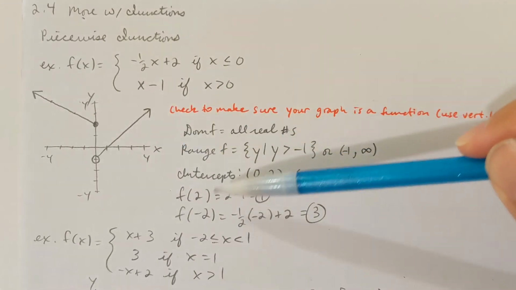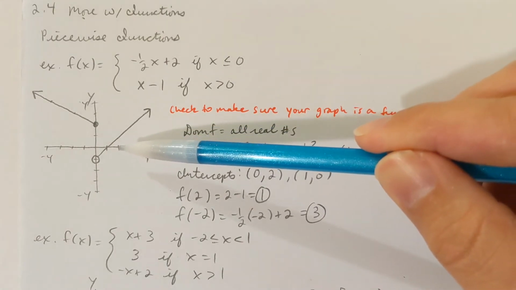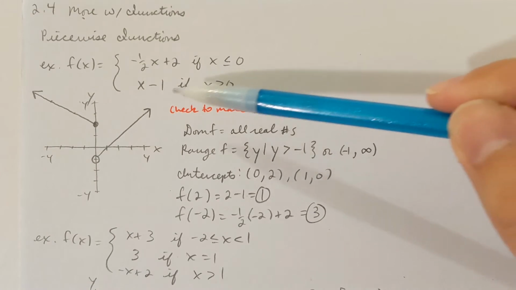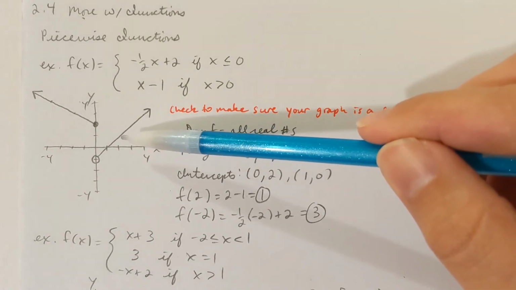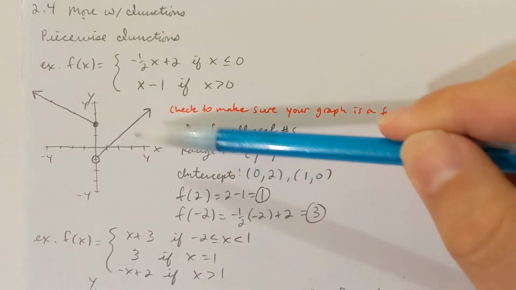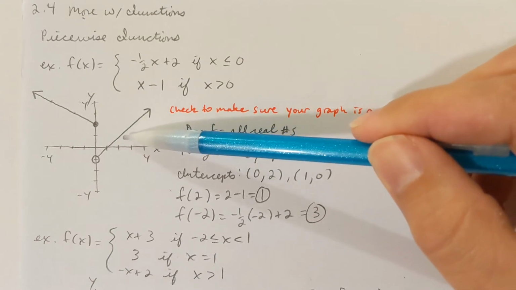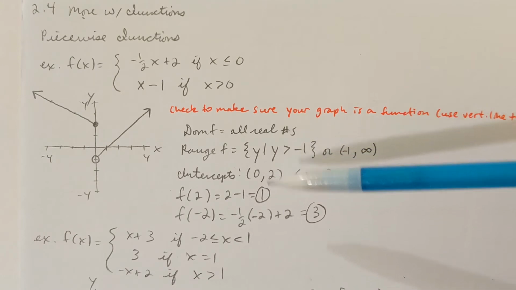Okay, suppose I want to know f of 2. Well, 2 is bigger than 0, so I need to plug that into piece 2. 2 minus 1 is 1, so 2, 1 is on the graph. Here's 2, 1. Yeah, that looks good. That's on piece 2. f of negative 2.